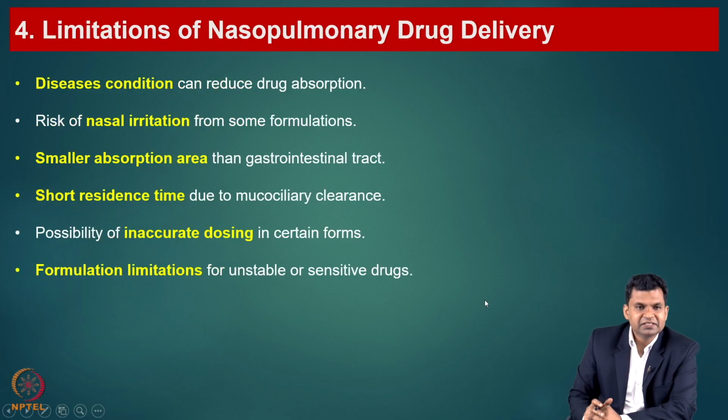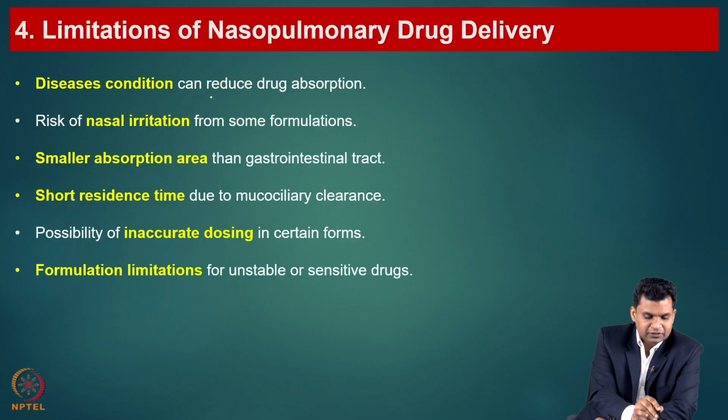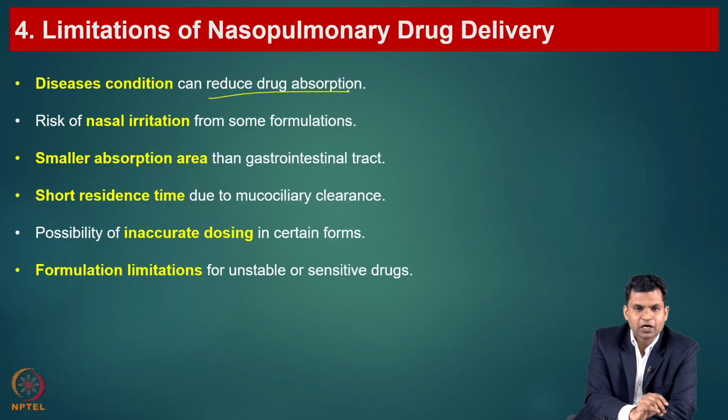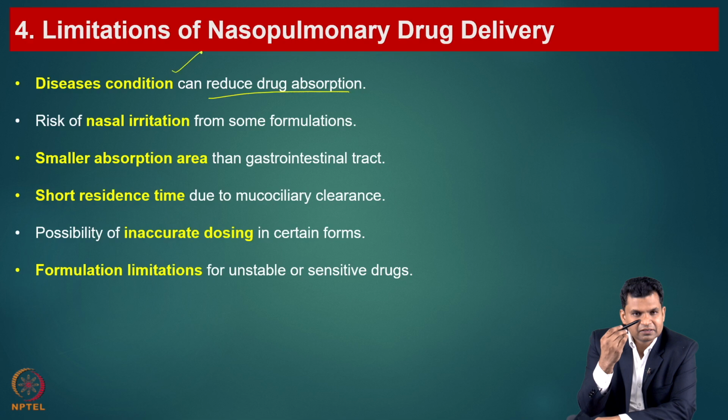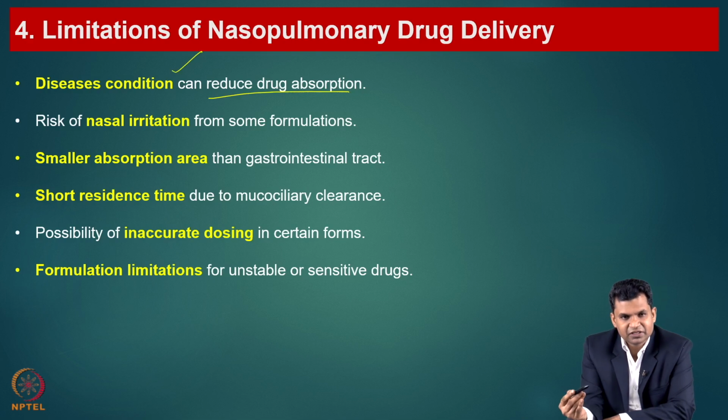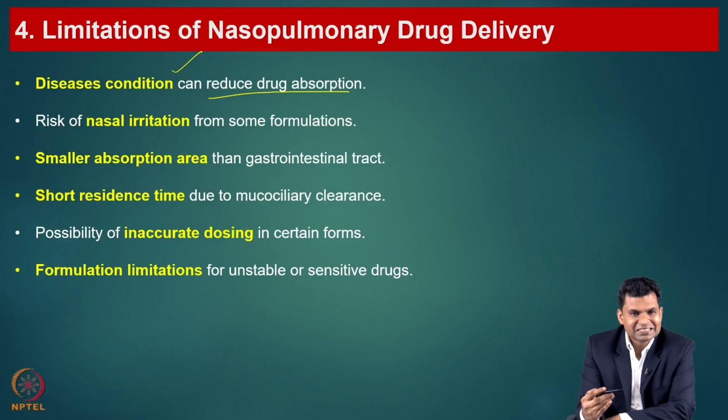Some limitations also exist for nasopulmonary drug delivery. Disease conditions can reduce drug absorption. When you have continuous nasal secretion, like when suffering with a cold, you cannot deliver formulations through the nasopulmonary route.